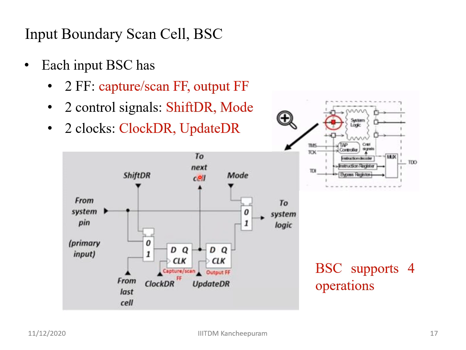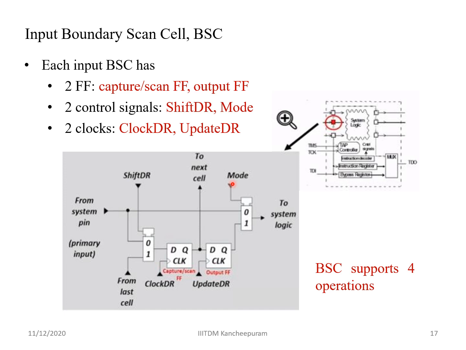There are two control signals called shift DR and mode. Shift DR is here, mode is here. I would assume that you have thoroughly mastered the JTAG standard, the tap controller, before you go into this.